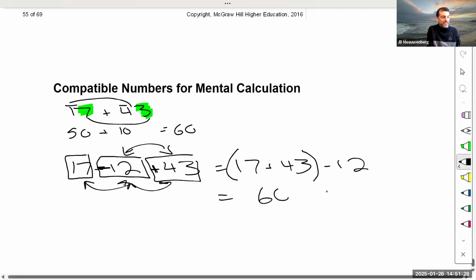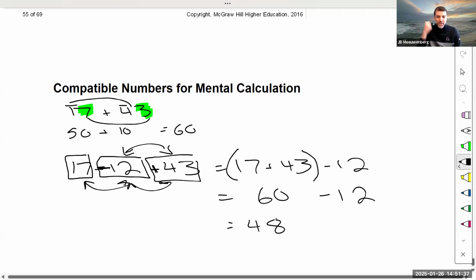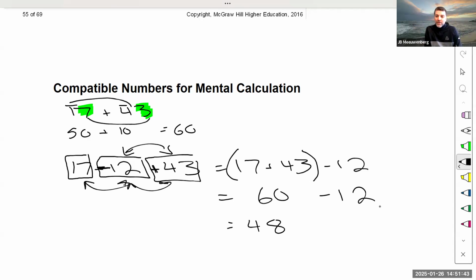We already know that those make 60, and then we can do 60 minus 12. 60 minus 12 is equal to 48. Now, the way I do that in my head is I take 60 minus 10 and then minus another 2. We're going to talk about that in the next section. But you can even subtract 12 in 2 steps.